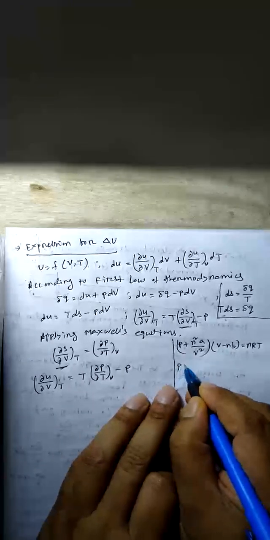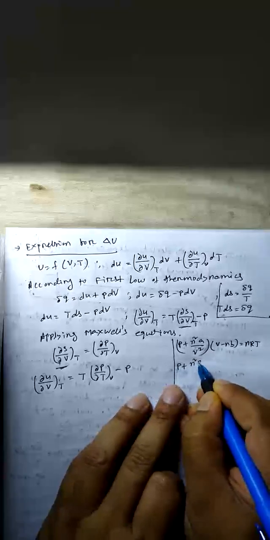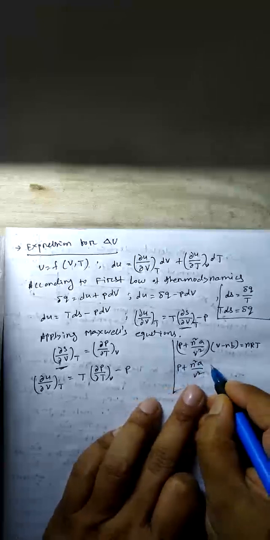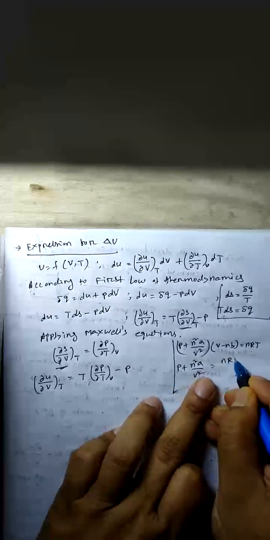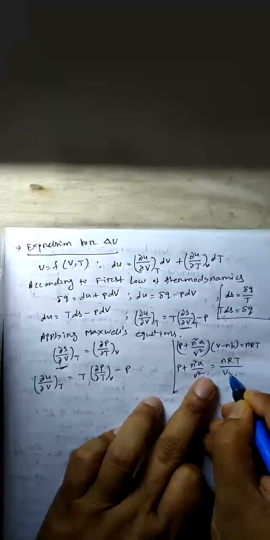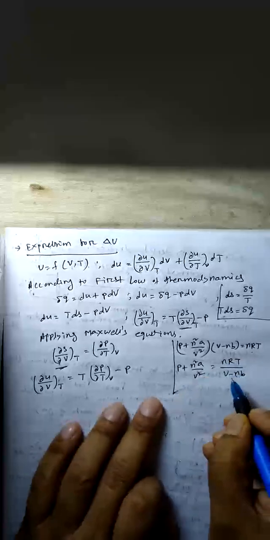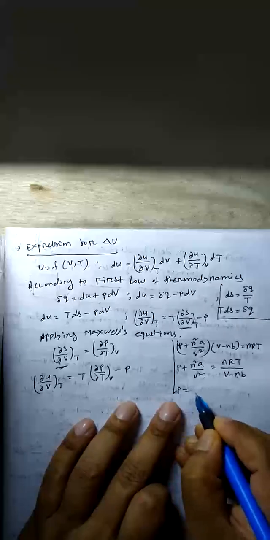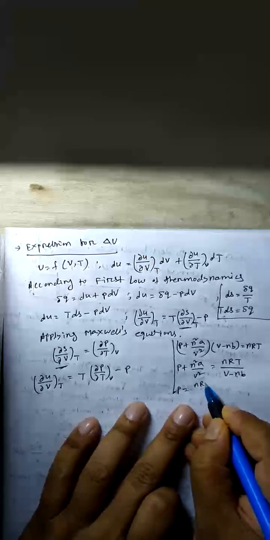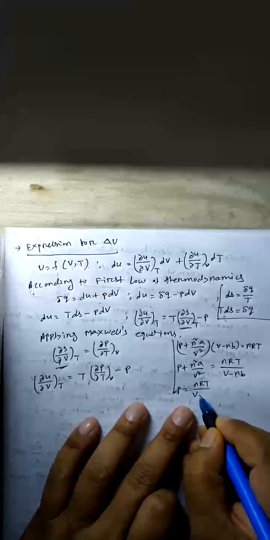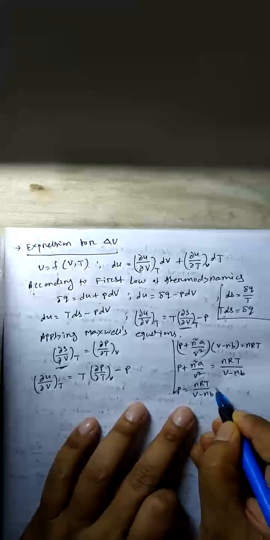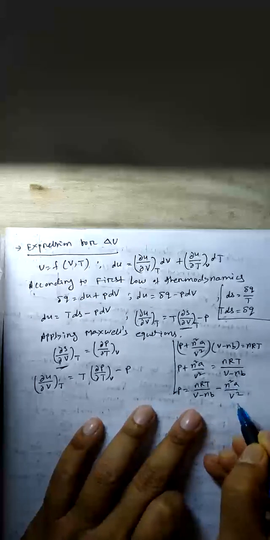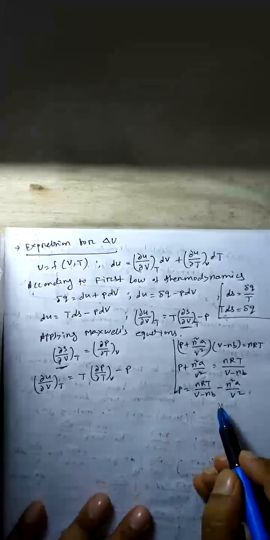We get P plus n²a/V² is equal to nRT divided by V minus nb. Now take this one to the side. We get P is equal to nRT divided by V minus nb, minus n²a/V². Now this is the P value.